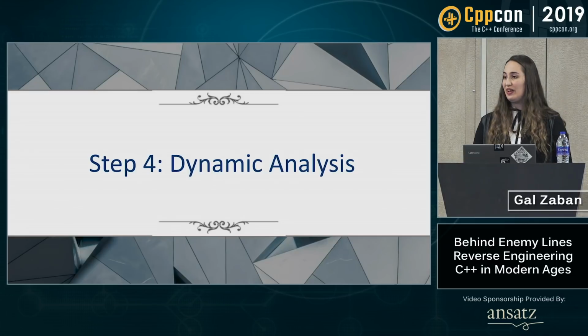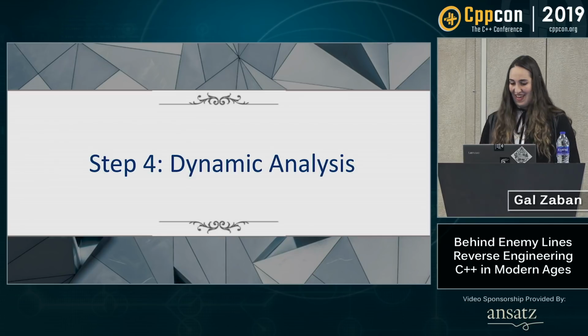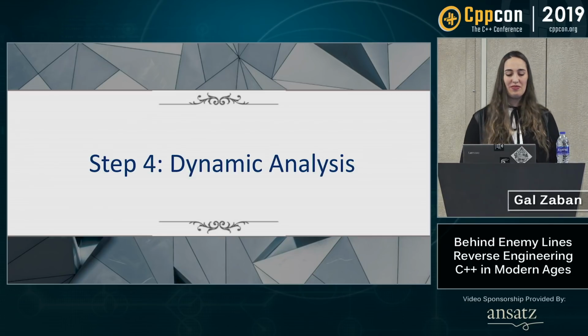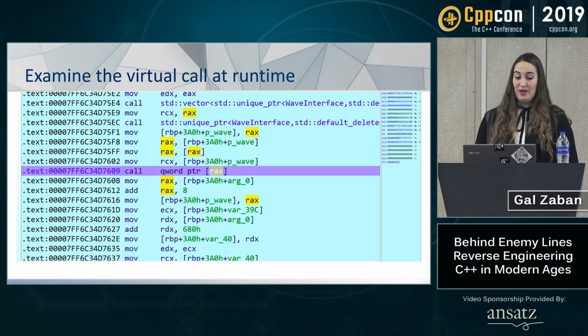We are going to go to our easiest solution, which is dynamic analysis. You have the ability to add a debugger to IDA and debug the assembly code that you have. So in our case, I placed a breakpoint on the virtual call.